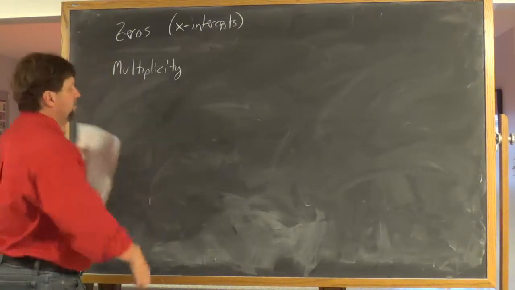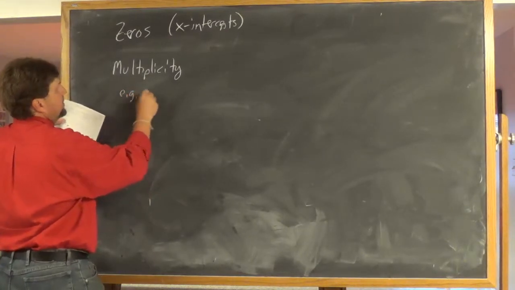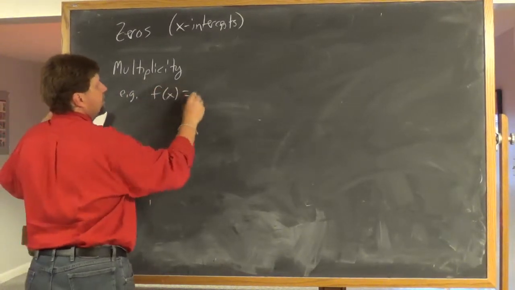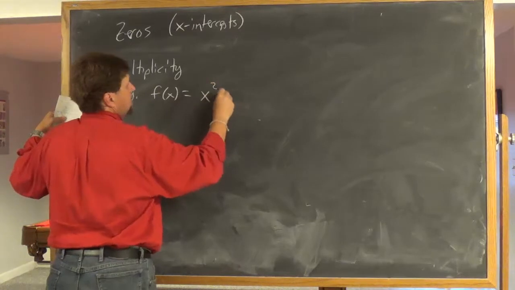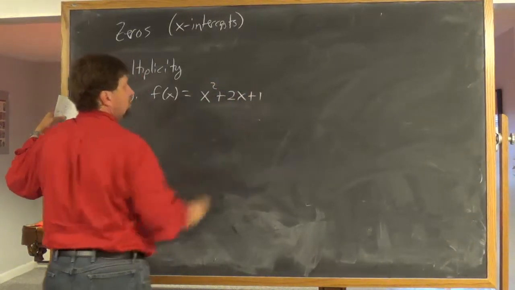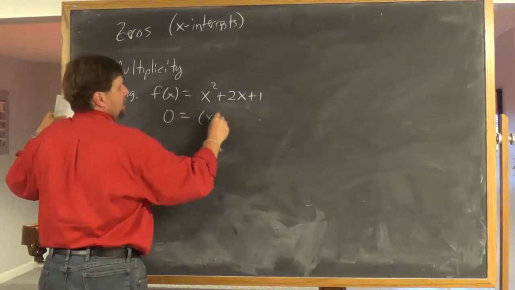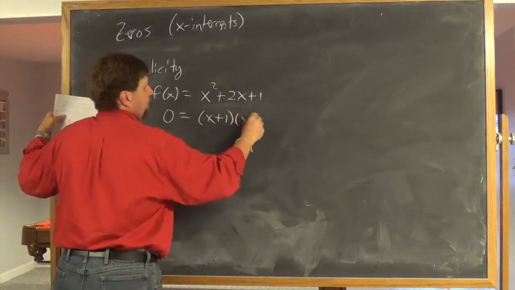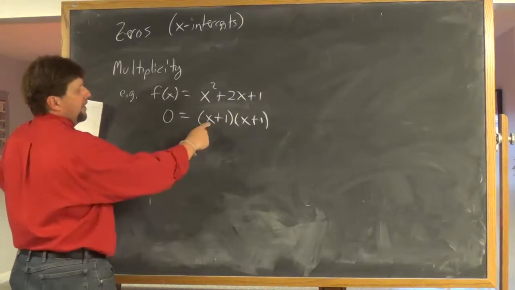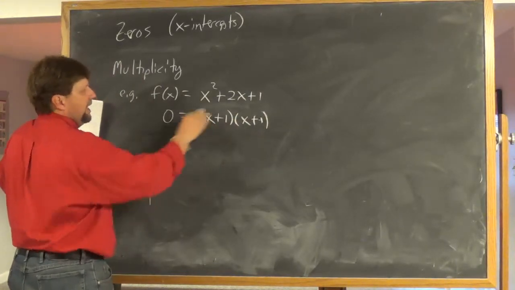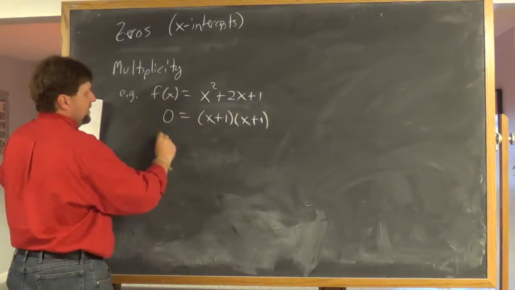So for example, if we look at the function x squared plus 2x plus 1, and I'm trying to find its zeros, well, this function factors to x plus 1 times x plus 1. I set each factor equal to 0.